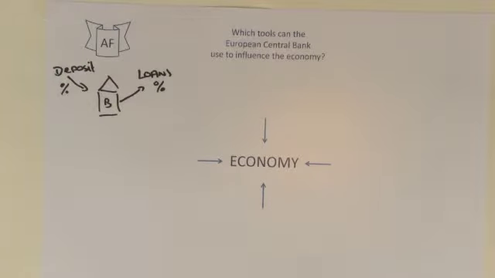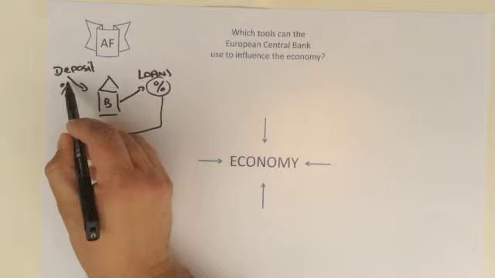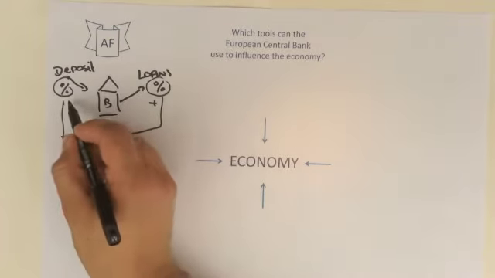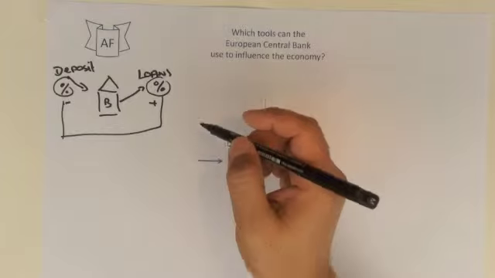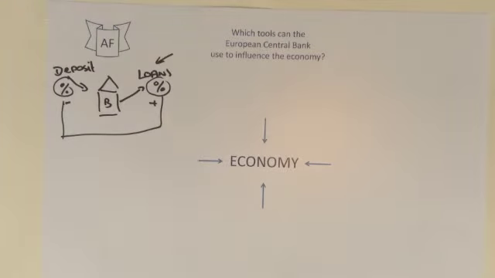And so that creates two types of risks. It creates a risk which is called the interest rate risk, which is essentially the difference between this rate and this rate. You always need to make sure that this is higher than this. And then it creates also another risk which is called the credit risk.